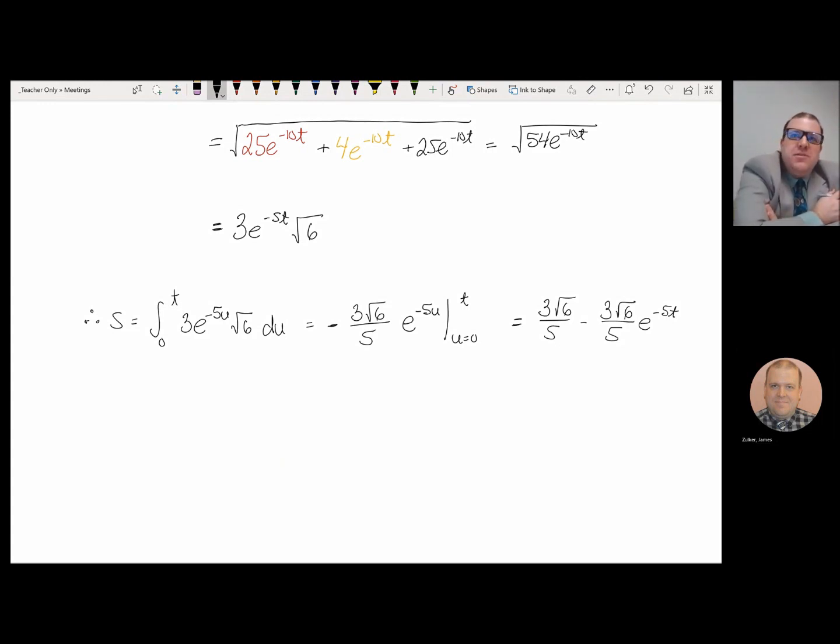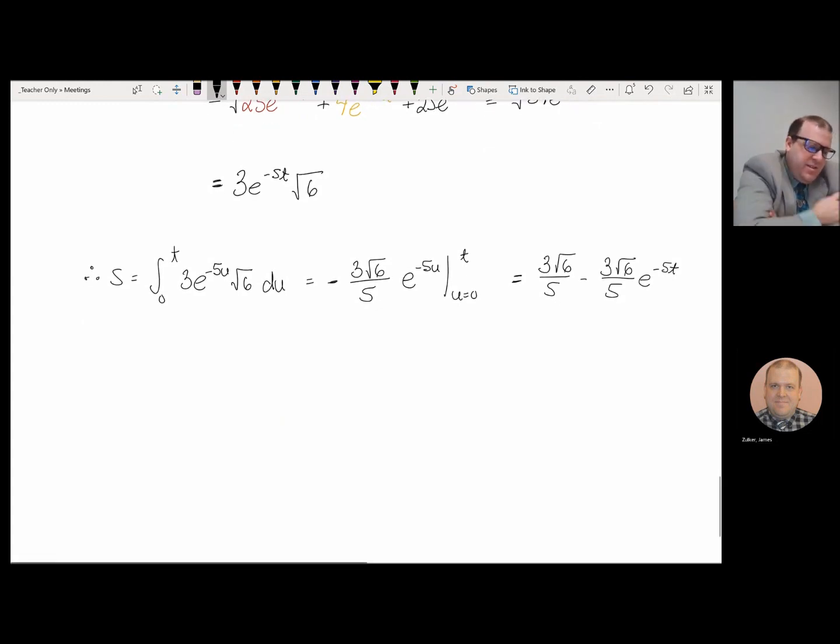If we wanted the arc length parameterization, we would then have to solve that for t, which in this case isn't actually too terrible.